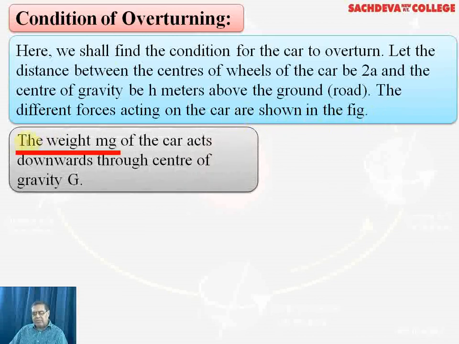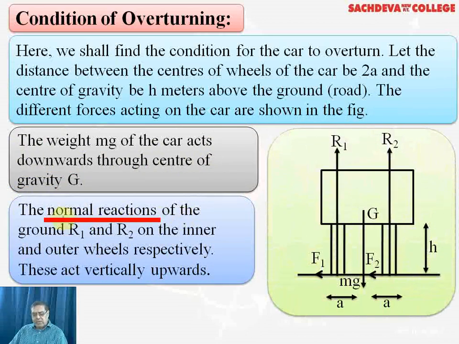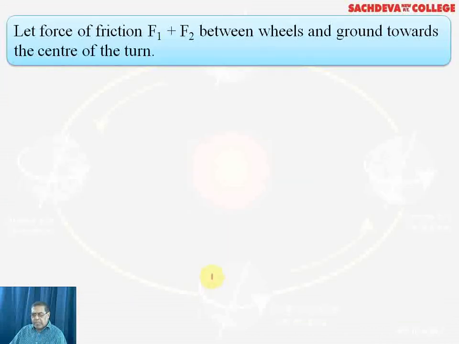The weight mg of the car acts downward. Obviously, weight is acting vertically down through the center of gravity G. The normal reactions of the ground on the car will be R1 and R2, that is on the tires. R1 and R2 act on the inner and outer wheels respectively, vertically upwards.